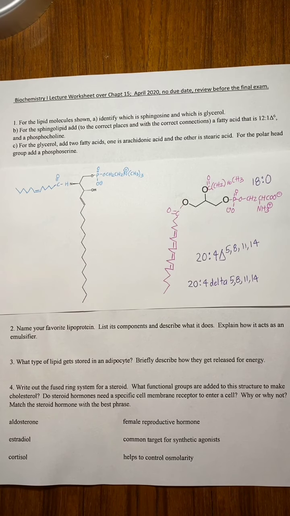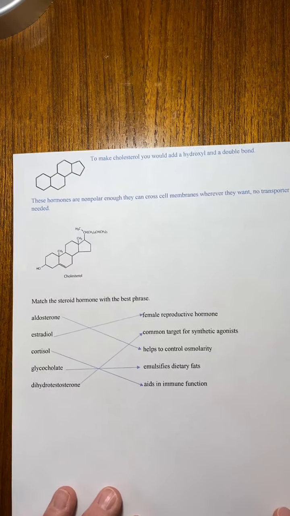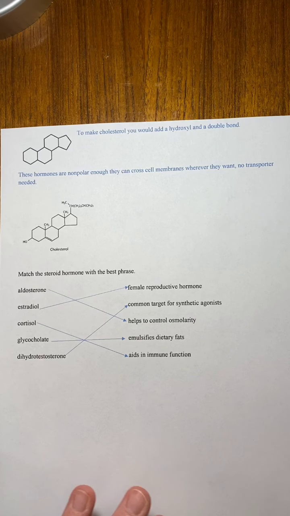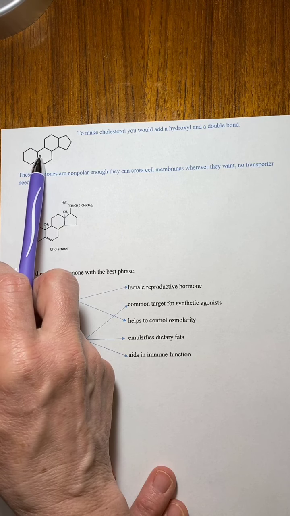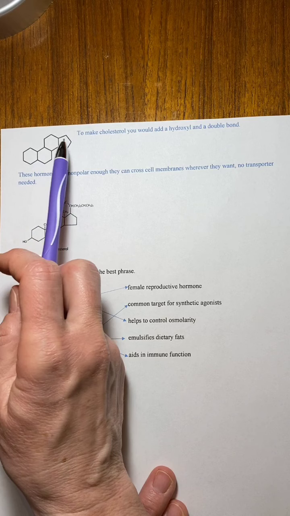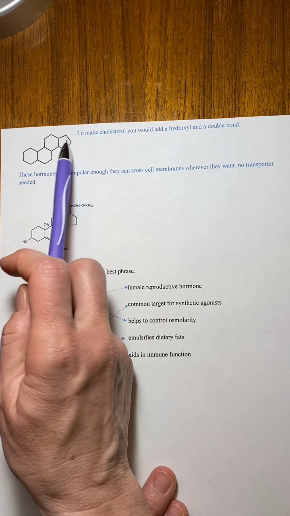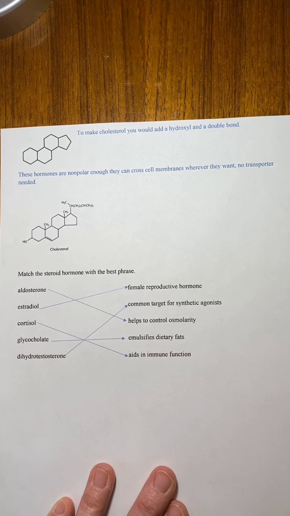Okay, the only other thing on this one that I think I need to go over, the rest of it was answered on the answer key, which is pretty straightforward, is the last question, and that is steroids. So steroids all have this fused ring system here with 3 6-membered rings, 1 5-membered ring stuck together. If you see that, you have a steroid.